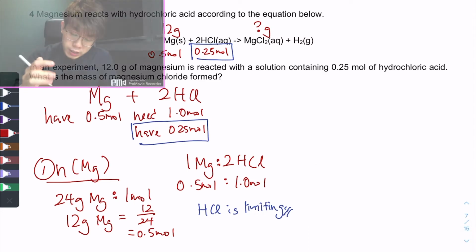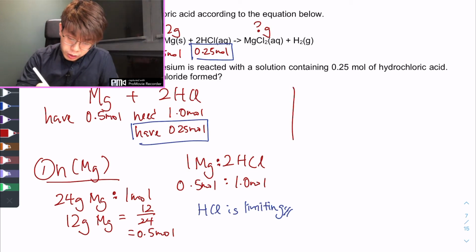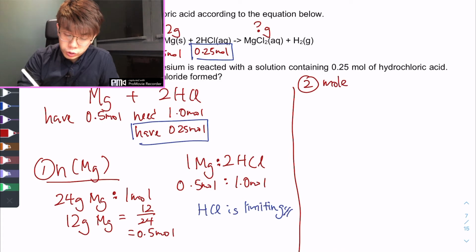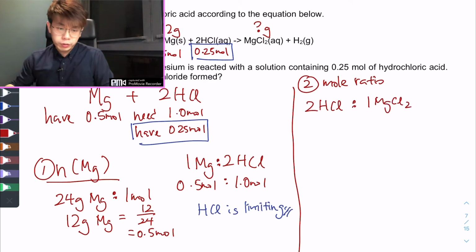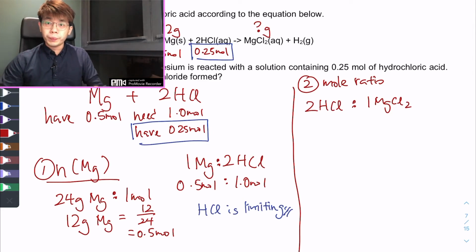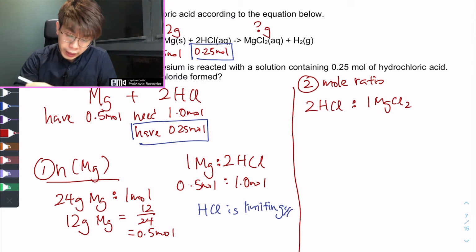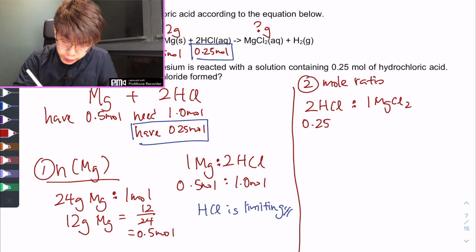So I'm going to use the HCl, making sure that my working is neat. Step 2 will be my mole ratio. So I'm considering limiting reactant HCl, 2 is to 1 MgCl2, because I'm trying to find the mass of MgCl2. I know that I have now 0.25 moles.